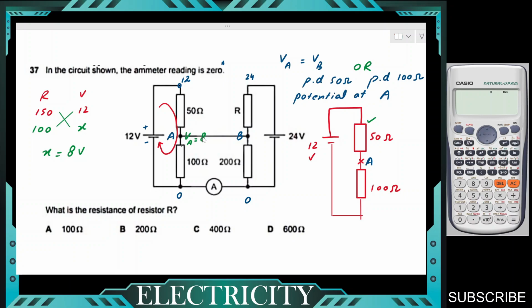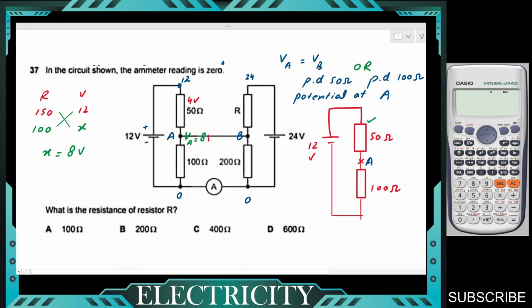And alternatively, you can say the potential difference across the 50 ohm resistor would have been 4. You can just subtract it from 12. So 4 volts would drop across 50 ohm, and 8 volts would drop across 100 ohm.